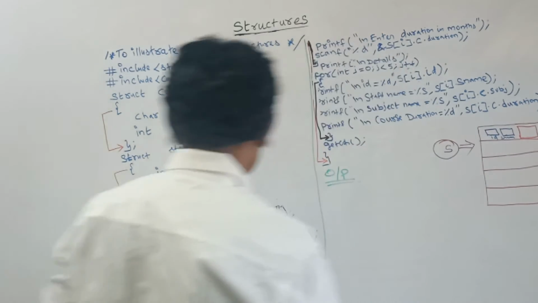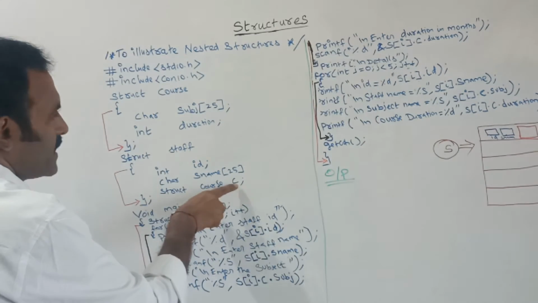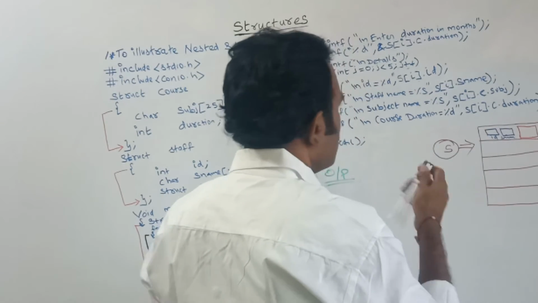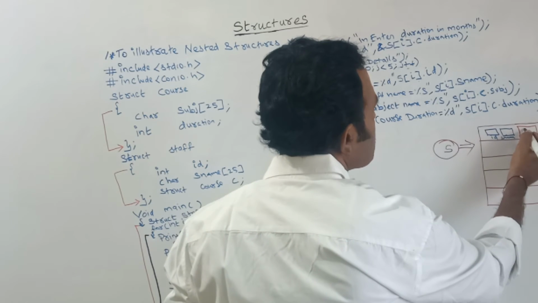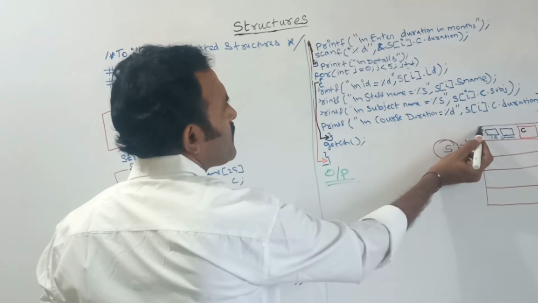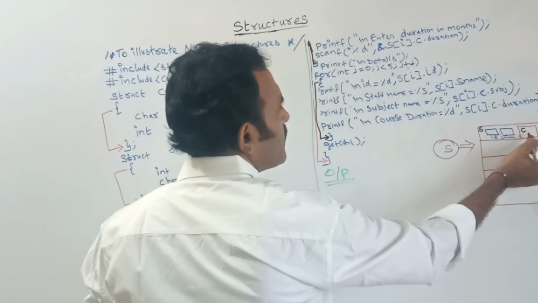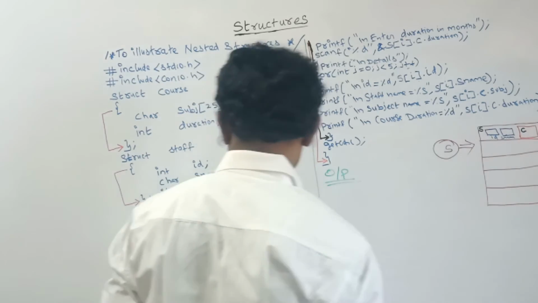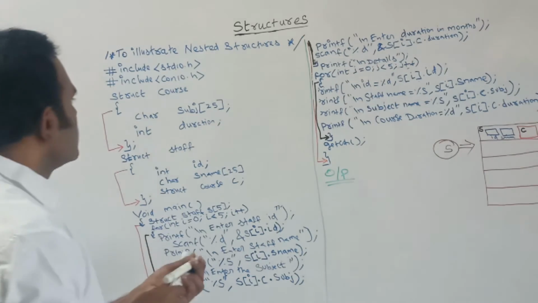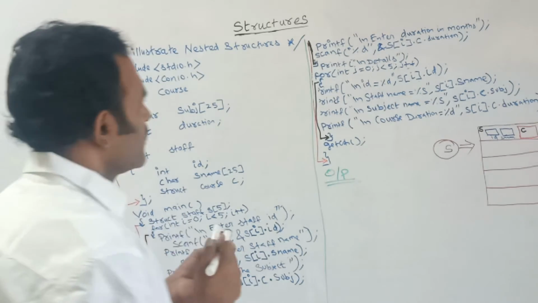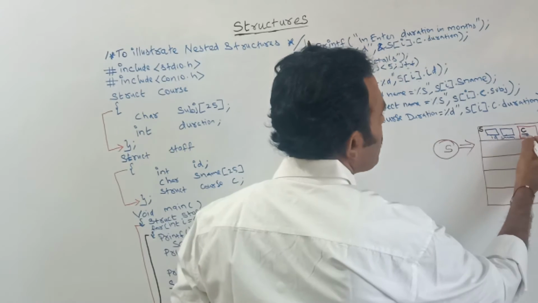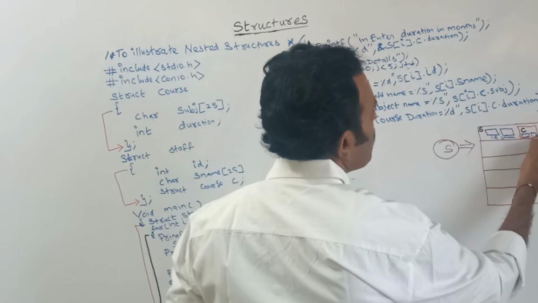The structure variable name I had created is C. The outer structure variable name is S, and this is the inner structure variable C. For this C also, totally one integer data type and another one character, used for storing subject name and duration.